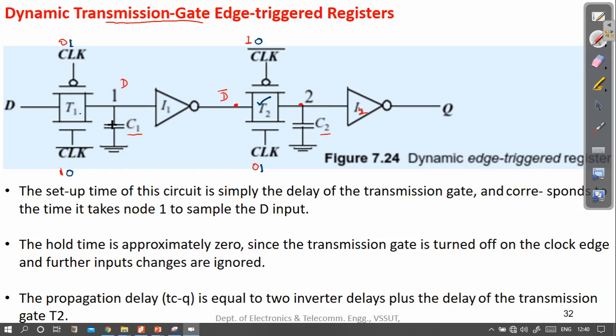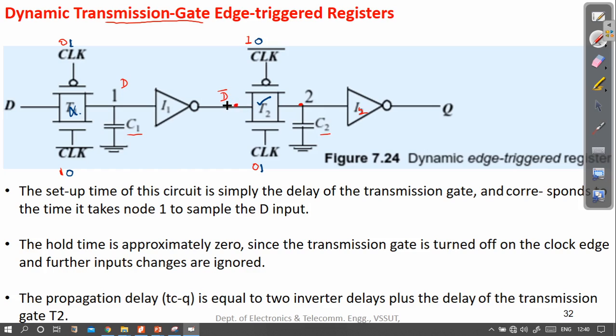T2 will be conducting, and T1 will not be conducting. So whatever new value of D comes at this node will not affect the value here. This D is the previous value of D, the value of D during the previous clock cycle. Now this T2 is available.